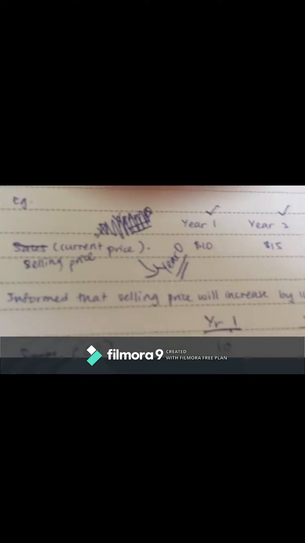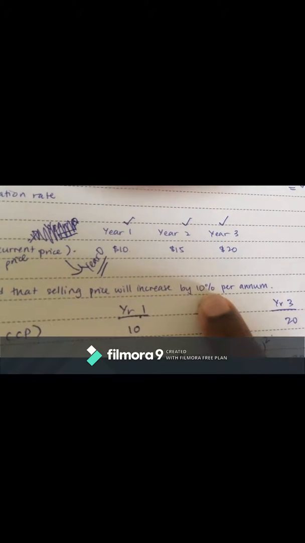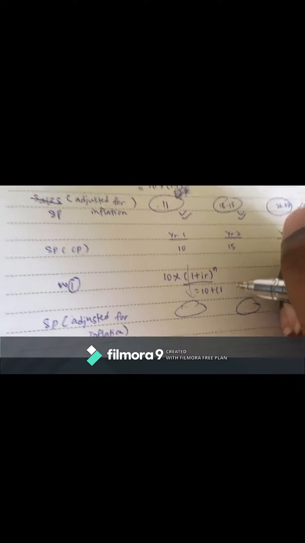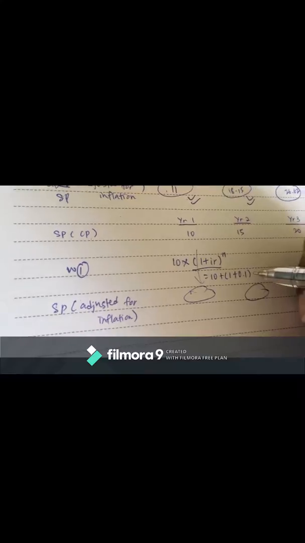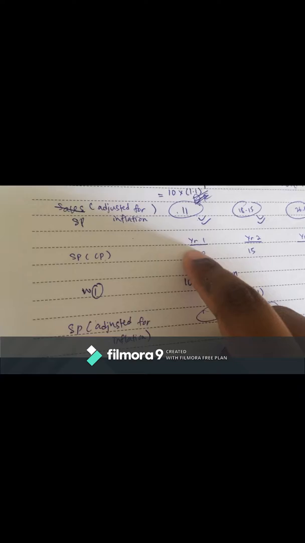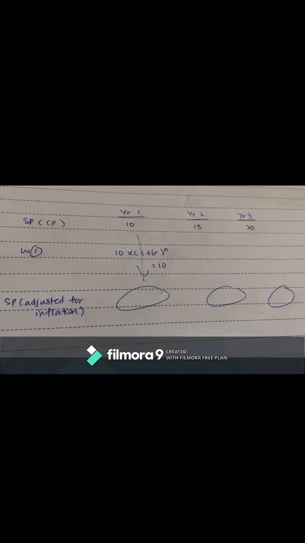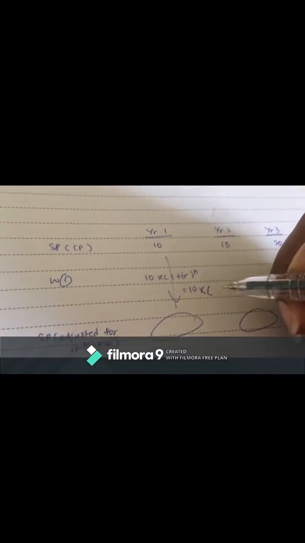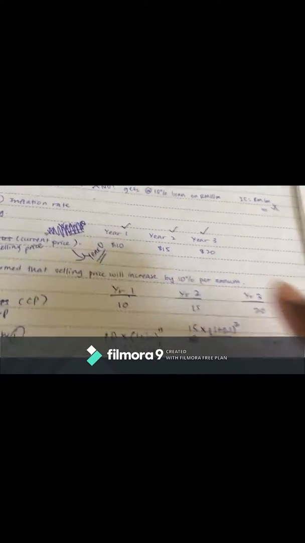Sorry, it should be times, not plus. The inflation rate given in this question is 10% for selling price.